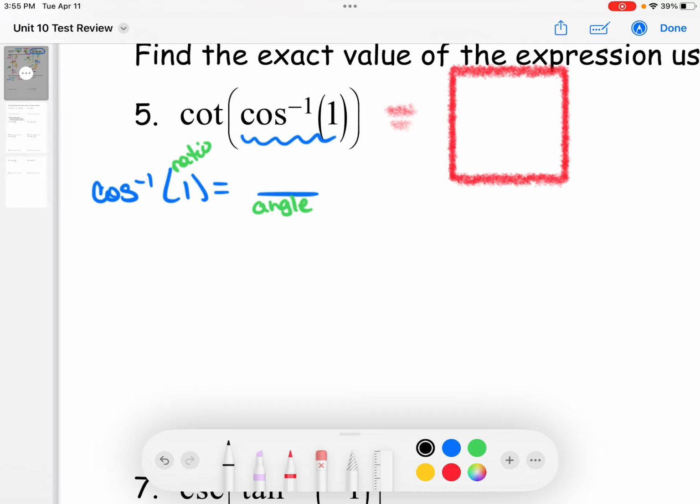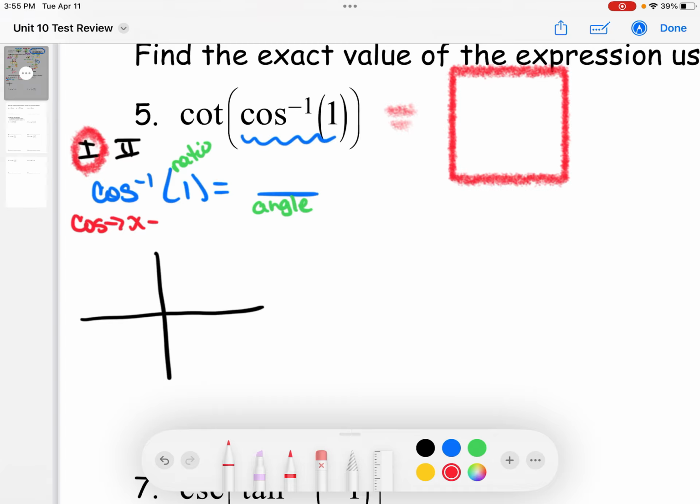Cosine inverse could be in quadrant 1 or 2. It's a 1, so we might be on an axis. It is positive, so we're leaning towards quadrant 1 here. So if we draw this out, remember cosine is x, so that x is 1.